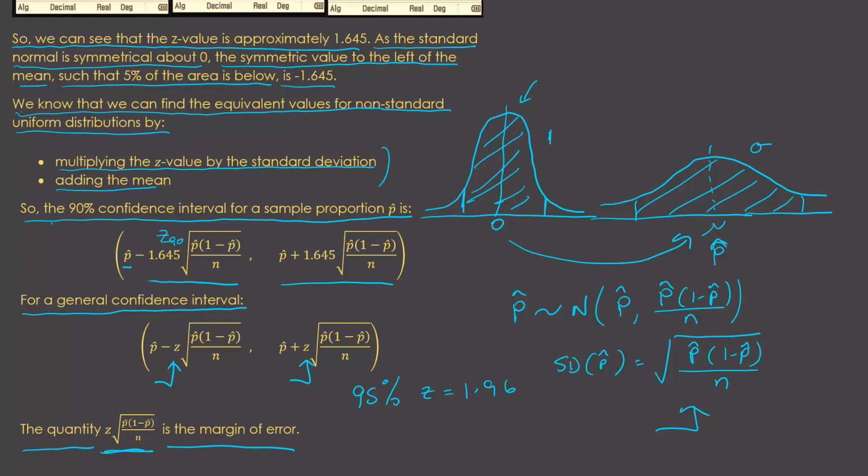If you think about it, p hat is in the middle, and then we go up by Z times the standard deviation, and we go down by Z times the standard deviation. So Z times the standard deviation, that is the margin of error.